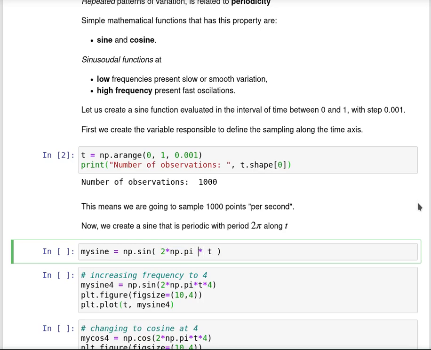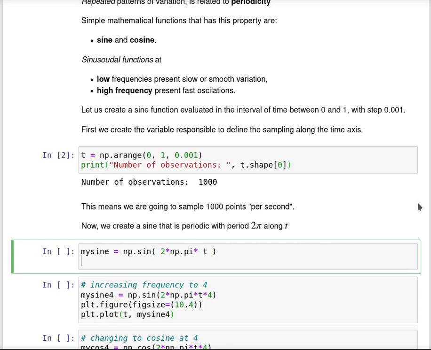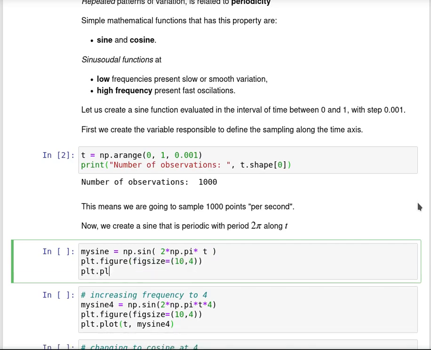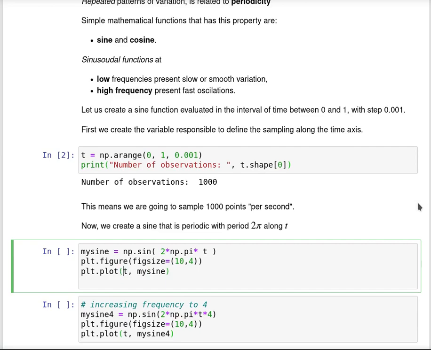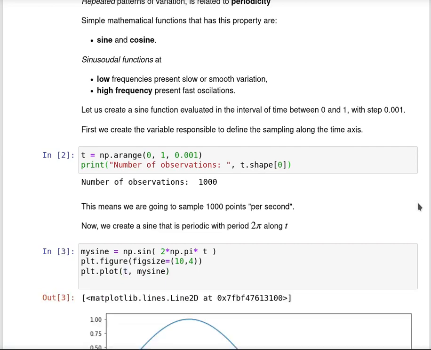So I'm basically evaluating the sine at every point of t. And let us create a figure here and plot my sine against t, all values of t.